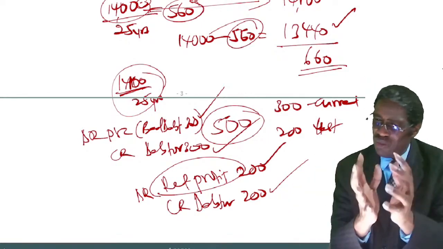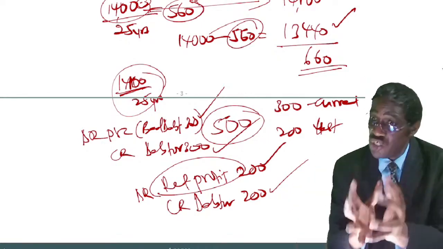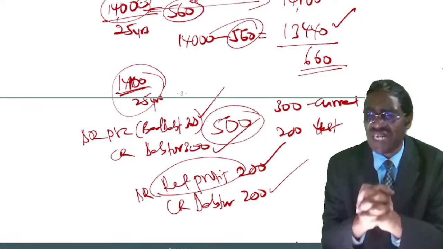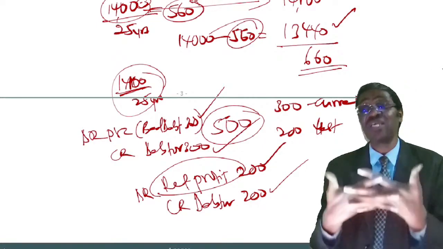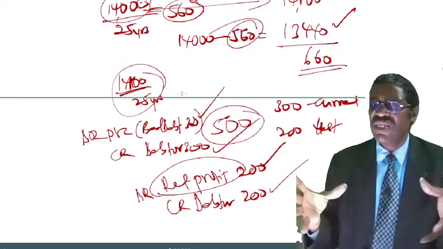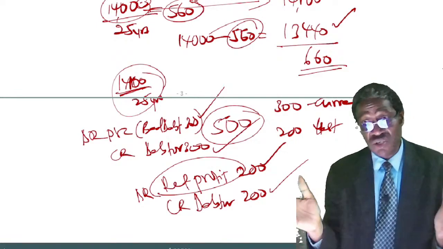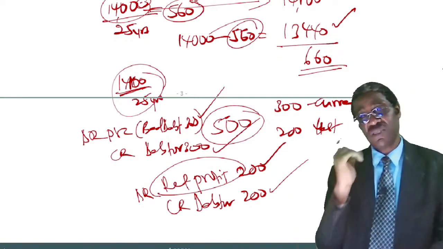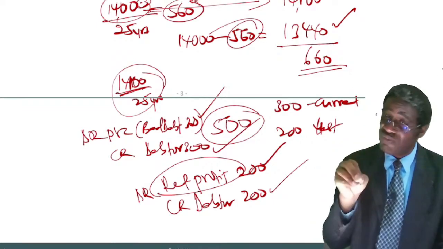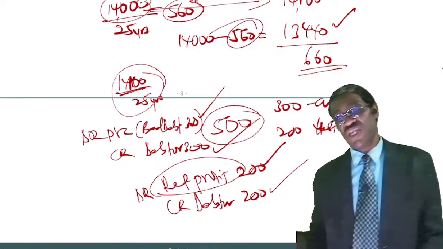But the issues normally come with the additional information. Why? Because there are no standard items that may be tested in the additional information. They can test you on anything you did even in section 1 for financial accounting. That can be tested. Okay? So it's important to understand the additional information and how to deal with them.